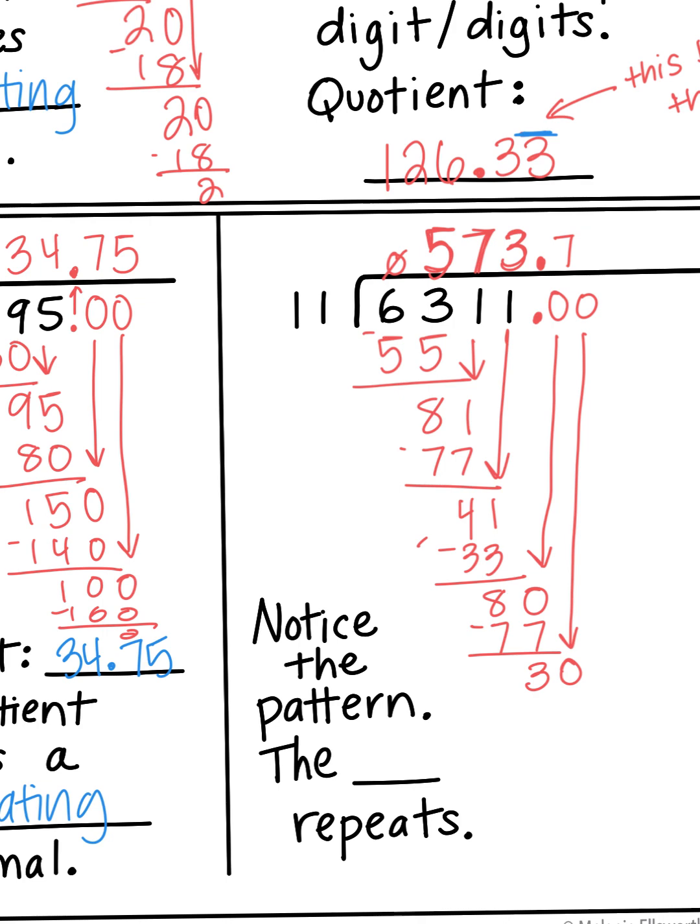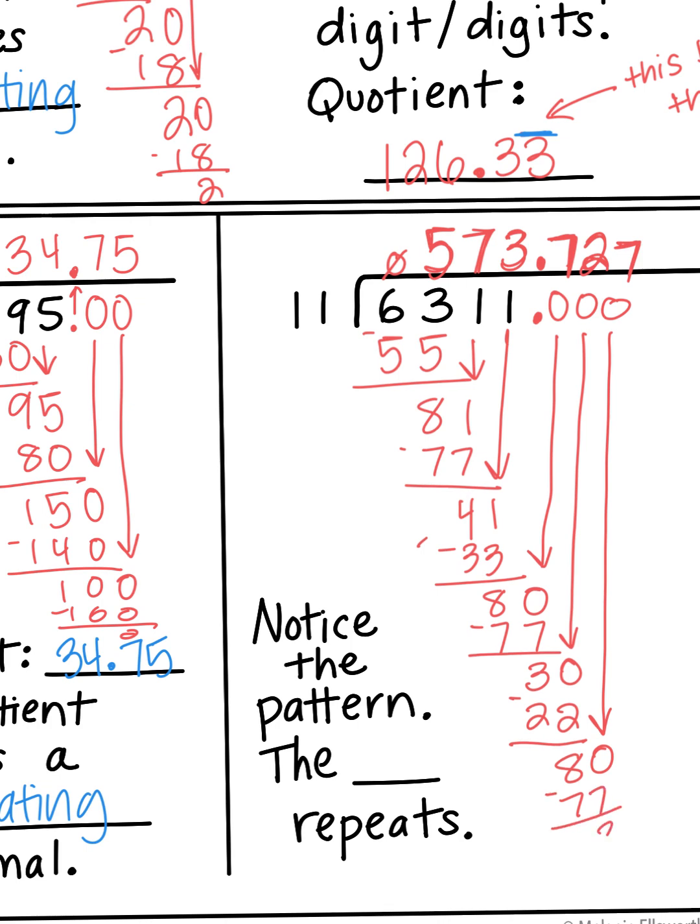How many times can 11 go into 30? 2 times. 11 times 2 is 22. Subtract. Bring down. 11 divides into 80 how many times? 7 times, which is 77. I'm out of room, and I have 3 left over.